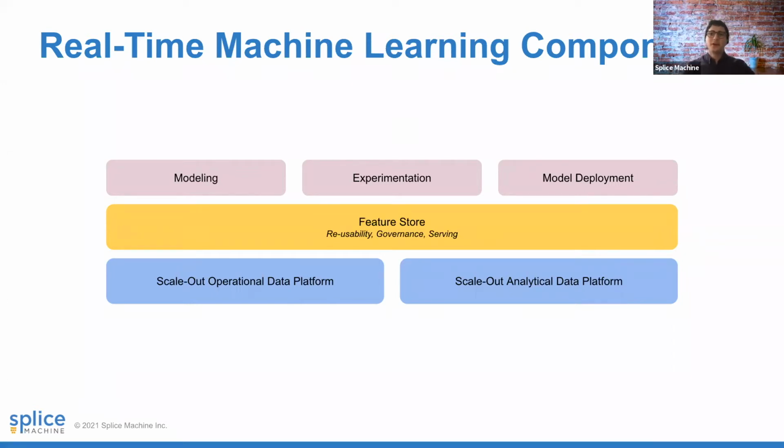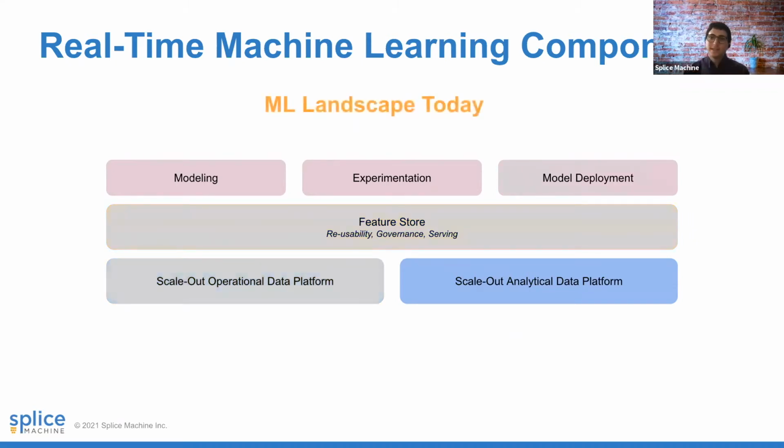And then finally, you need the platform that the data itself is stored on. You need some kind of operational data platform, a key value store, a quick transactional ACID compliant database, and then you also need your analytic database or your data warehouse, your data lake, something along those lines.